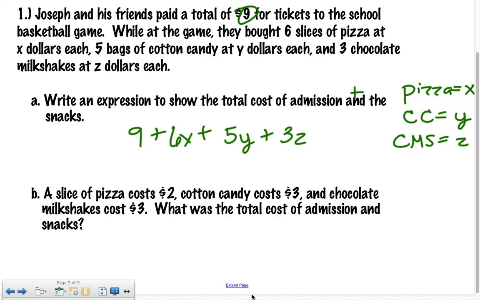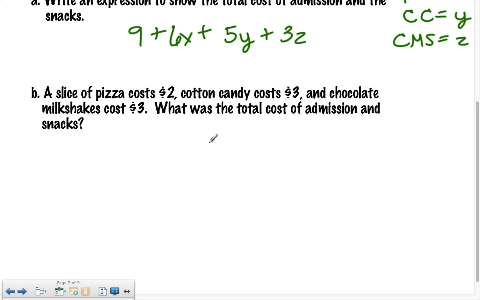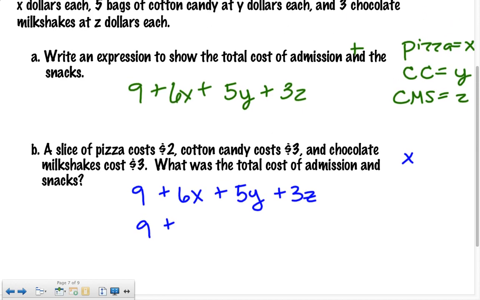Now they gave you values for B. So now you're going to actually plug in those values. So we're going to rewrite our expression down here, plugging in those values. All right, so 9 stays the same. And instead of writing X, because now over here we have X is going to be equal to pizza, and I know pizza costs $2.